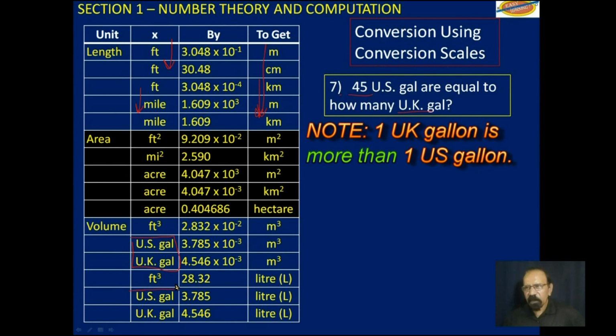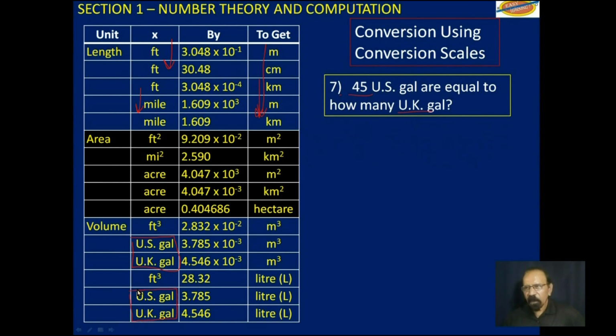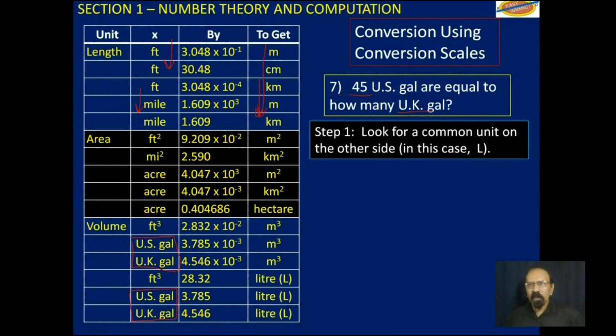So we have to derive our own conversion factor. First of all, we will look for a common unit on the other side. In this case, we will consider liter. We have liter here, and both of them are related to US gallon and UK gallon.